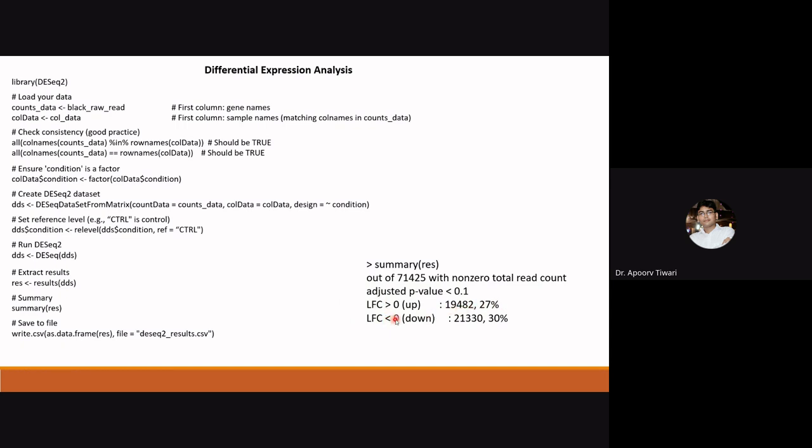And if we talk about the down-regulated genes, that is, log fold change less than 0, then it is 30%, that is 21,330. Likewise, we have saved that result in a .csv file that we will open in Excel, and after that we have to use the data according to our cutoff.